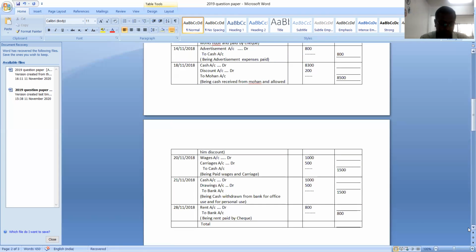Plus 500 plus again 1,000 plus again 500 plus last one is 800. So total is 1,34,100. Even total of credit column will be the same, 1,34,100. Understood? So like this, at the end you should make total of both debit and credit column, and the total of debit and credit column must be the same.